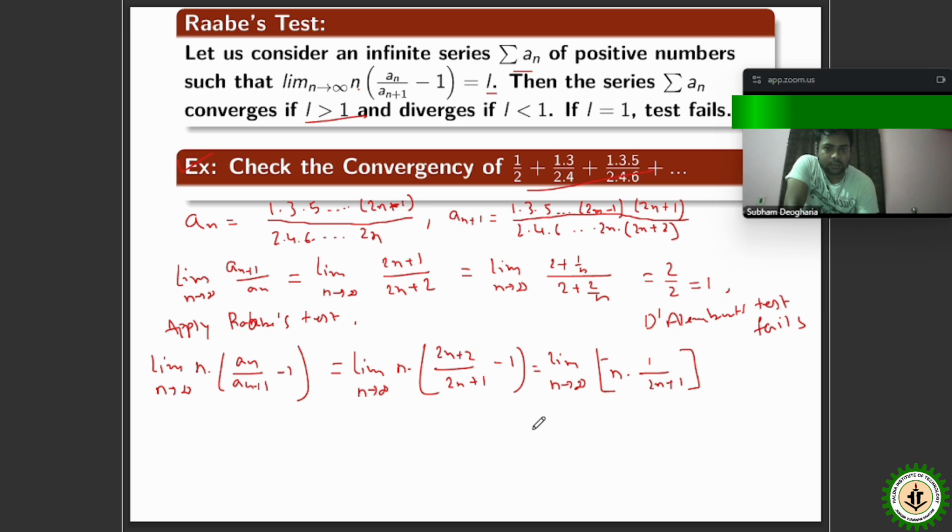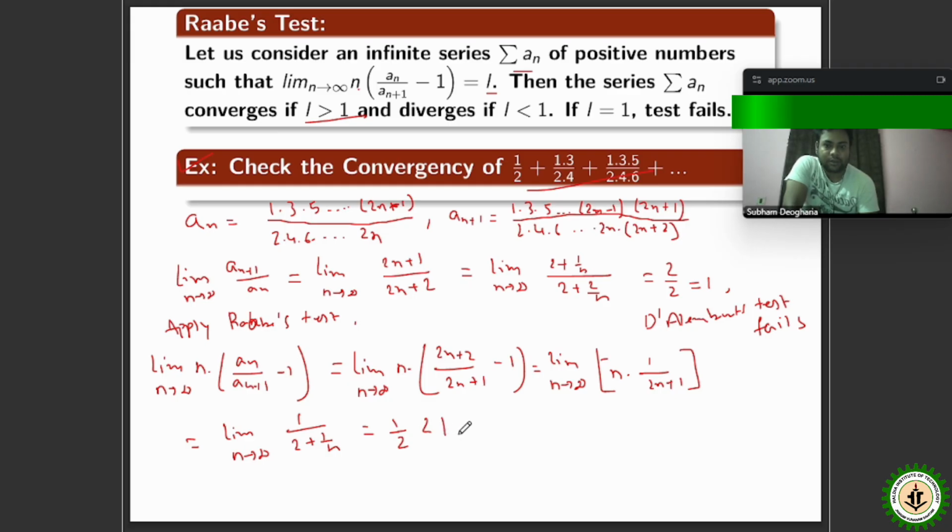This is actually the value. 1 by (2 plus 1 by n). This will give the value of the limit 1 by 2.